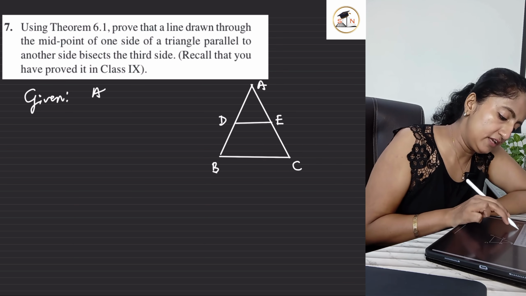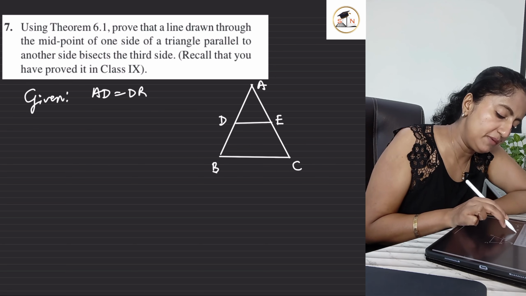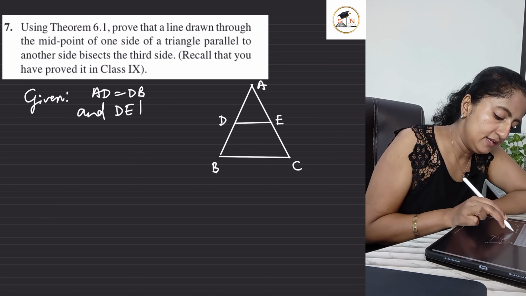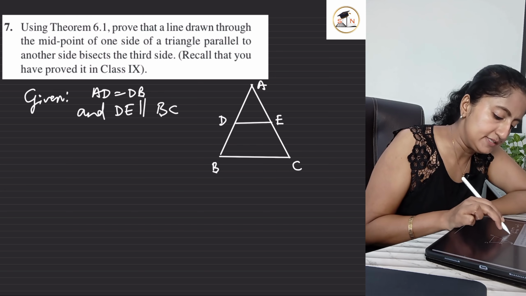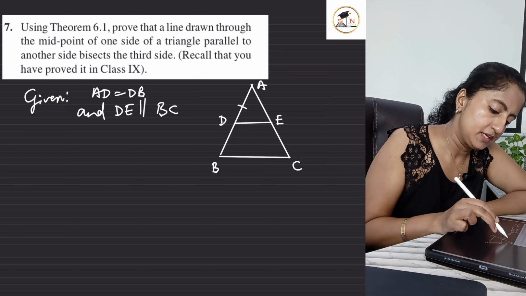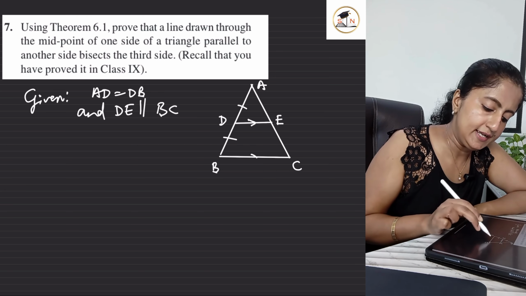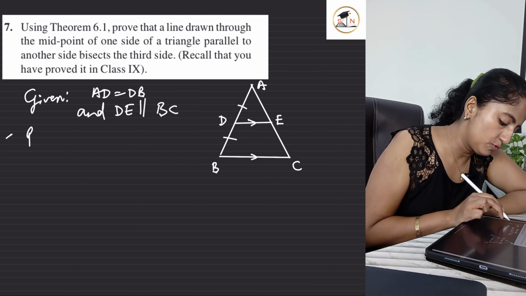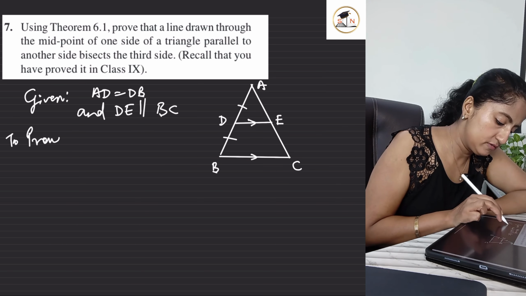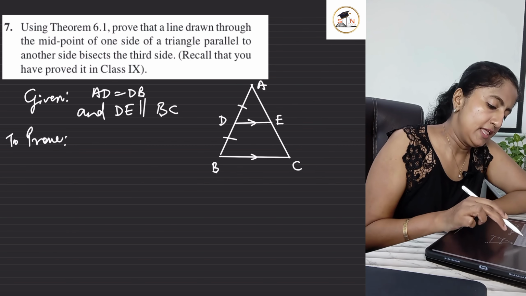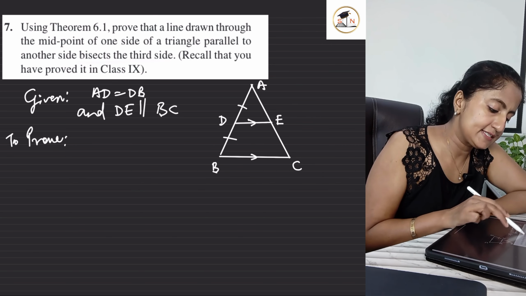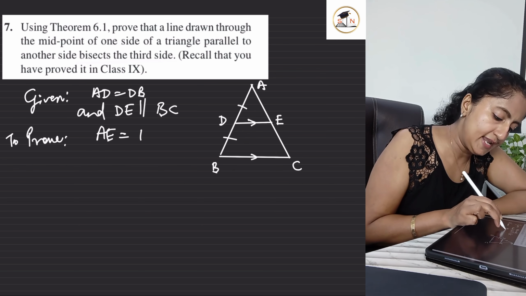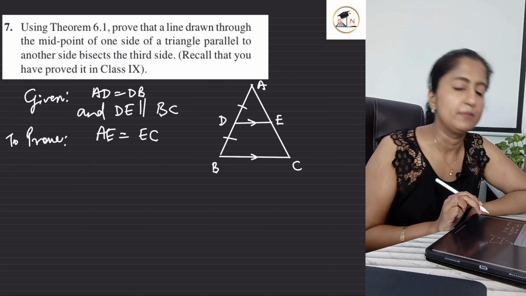So we are basically given that AD equals DB, and DE is parallel to BC. These two portions are equal and DE is parallel to BC. This is what is given. And what are we supposed to prove? Bisects the third side. That means we are supposed to prove that AE equals EC.